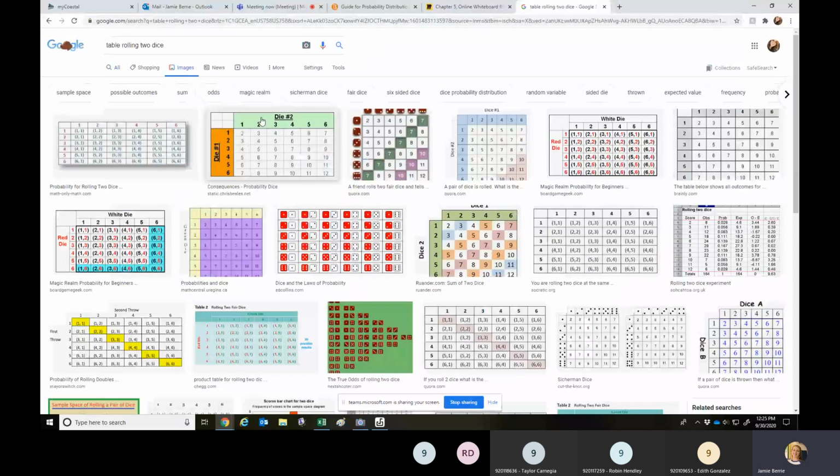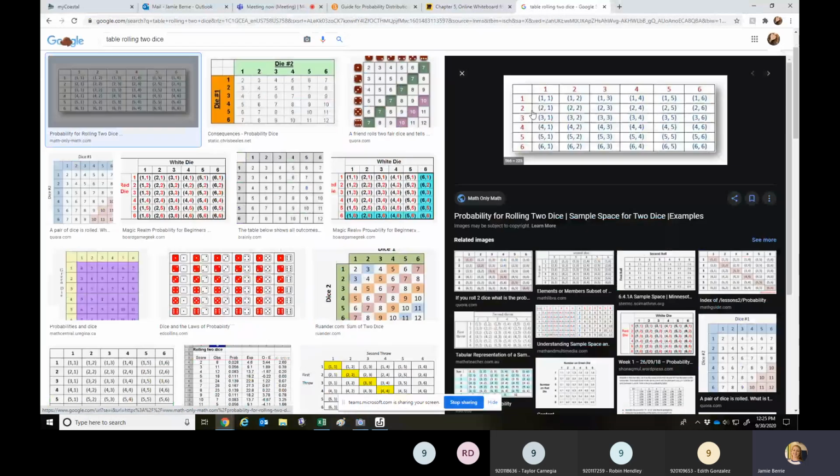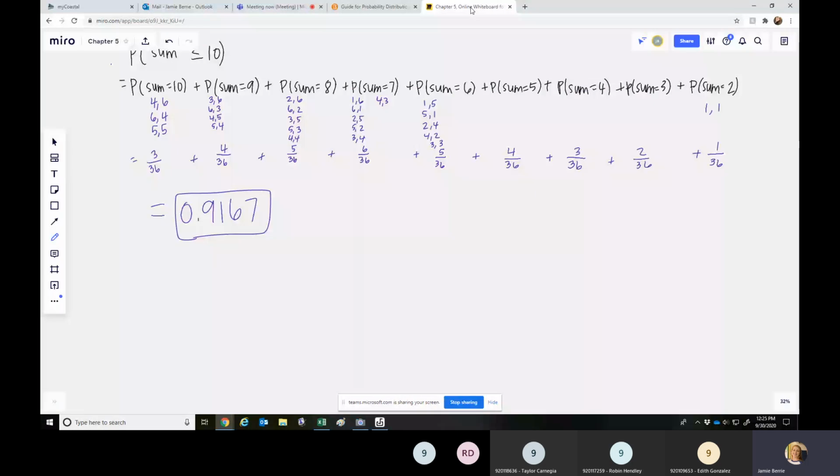Yeah, so this is like all the possible outcomes of rolling 2 dice. And so you can see the sum here, 1 plus 1 would be 2. These 2, 2 plus 1 would be 3. 1 plus 2 would be 3. So it kind of lines up and you can count the outcomes. That's the only shorter way I know to do this. There's no shortcut method for finding this probability.